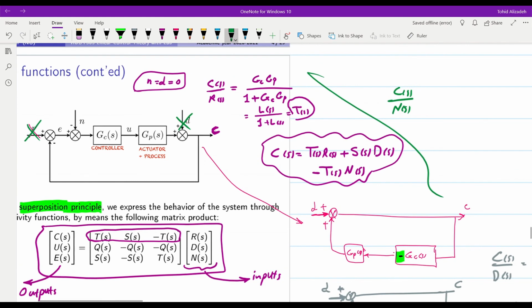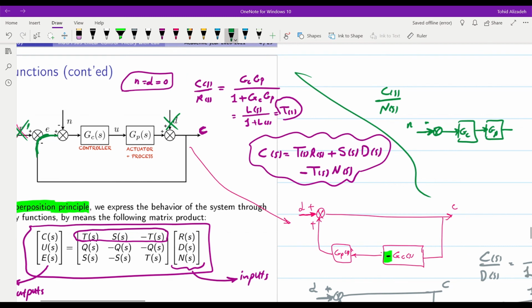Let me just redraw. So this is 0, therefore this will be connected directly to here. I'm going to redraw the block diagram. N with a negative sign here, then GC, GP, D is set to 0, so we'll get C here. And then we have a negative sign here as well. So this time the negative sign that you see here comes from this sign.